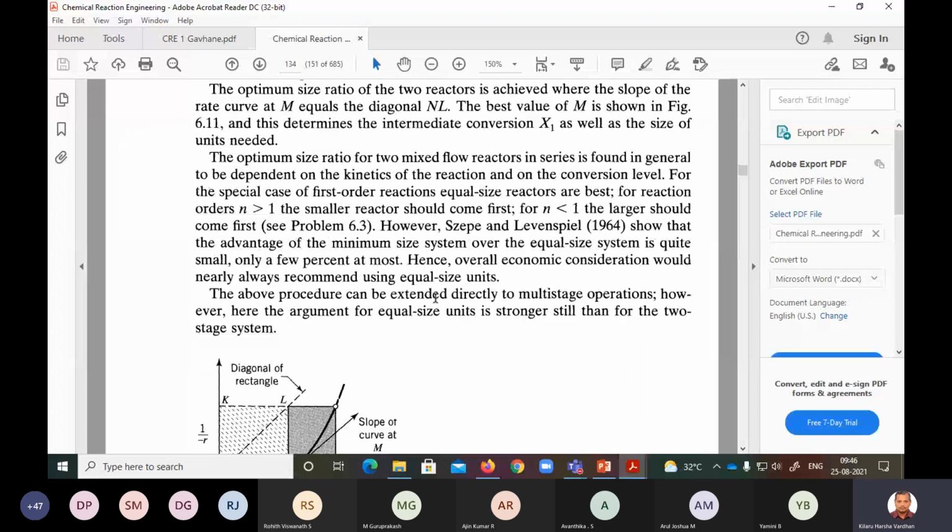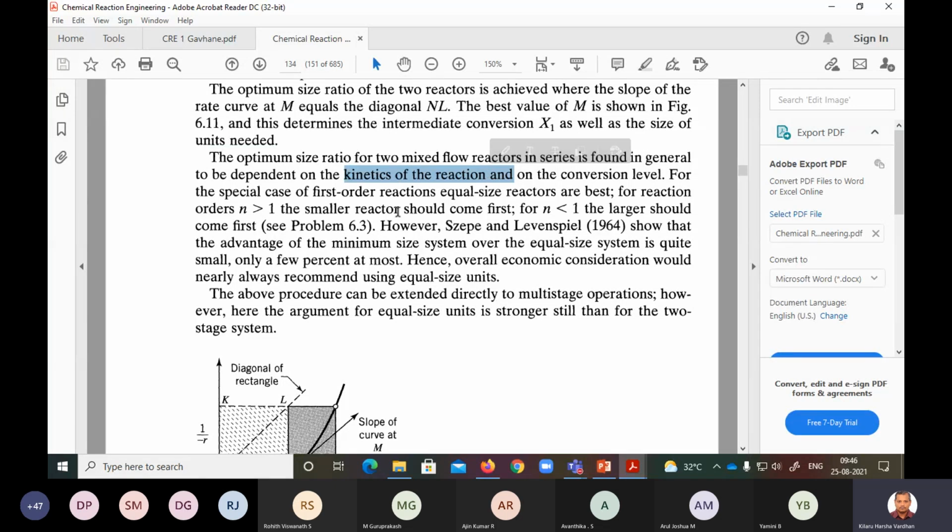Here, one important thing is this particular point. This is a very important bit; people miss this. If n is greater than 1, what is n? The n is the order. I'll just read this. The optimum size ratio for two mixed flow reactors in series is generally found to depend on the kinetics of the reaction.